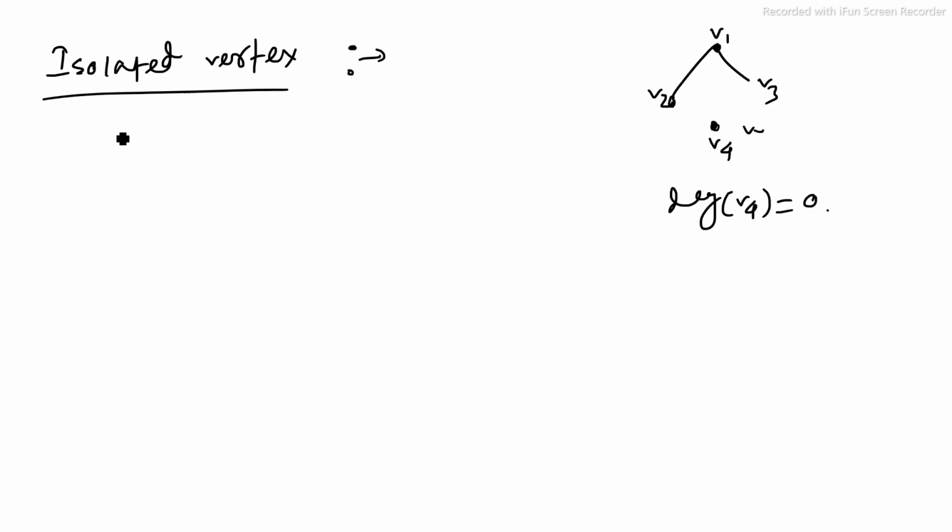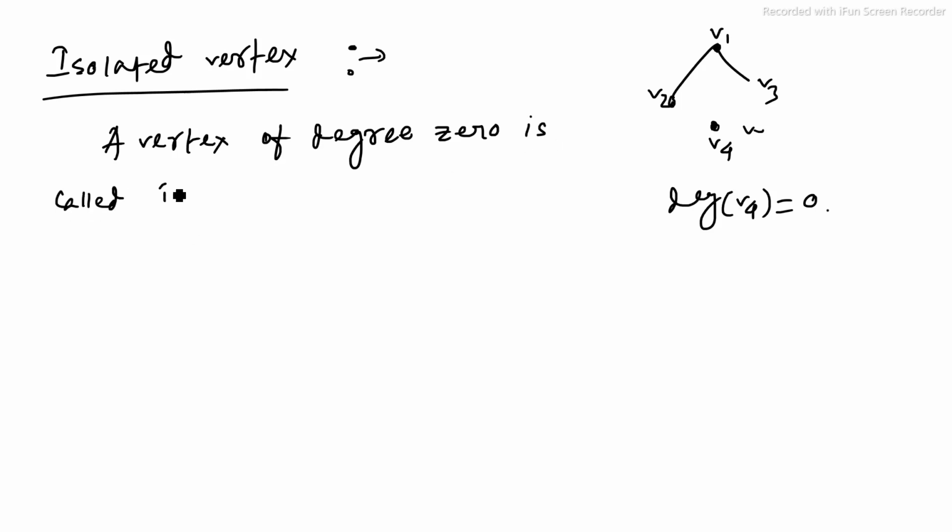So a vertex of degree 0 is called an isolated vertex. Now, what is a pendant vertex?